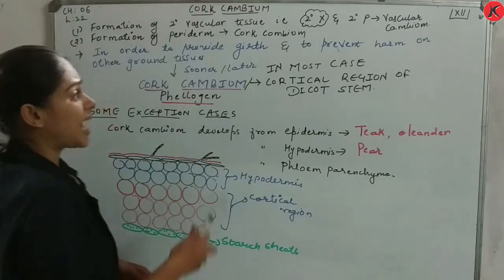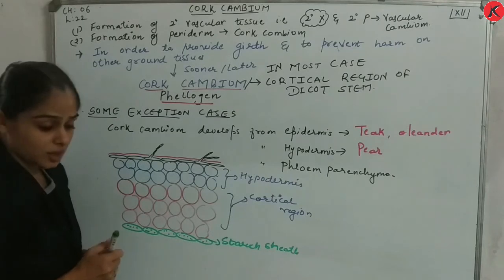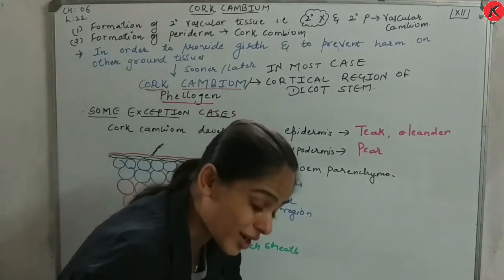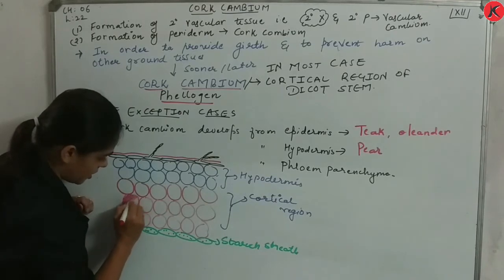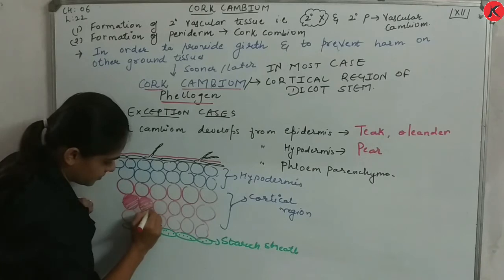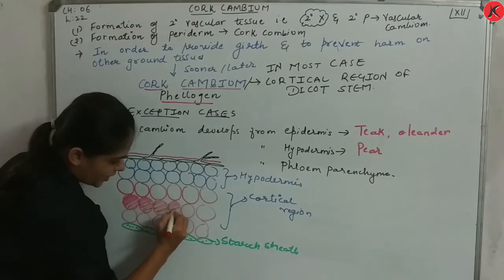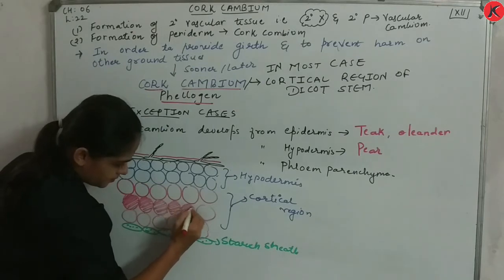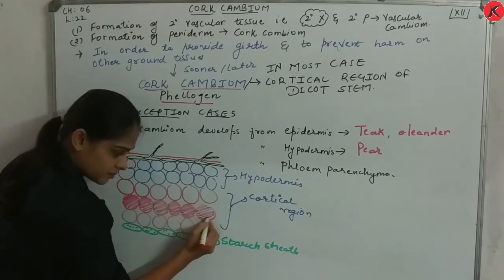Now, at the time of secondary growth, right? What happens? Look, the cells of cortex, as you can see, the portion which I am marking, ठीक है? So these are the cortical cells, right, which become meristematic, I can say, right?